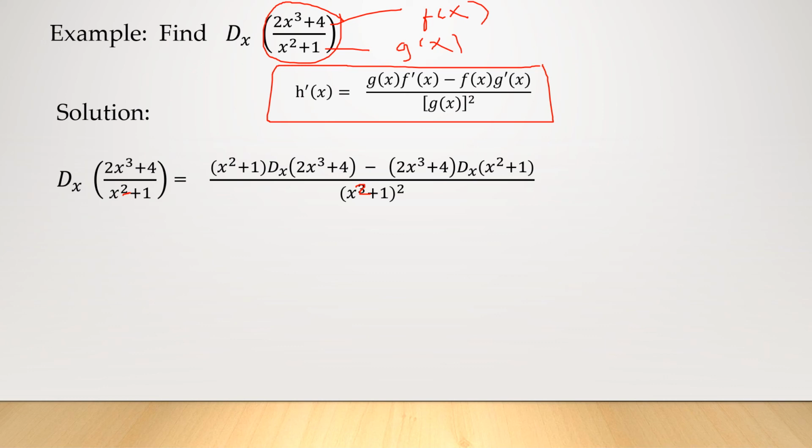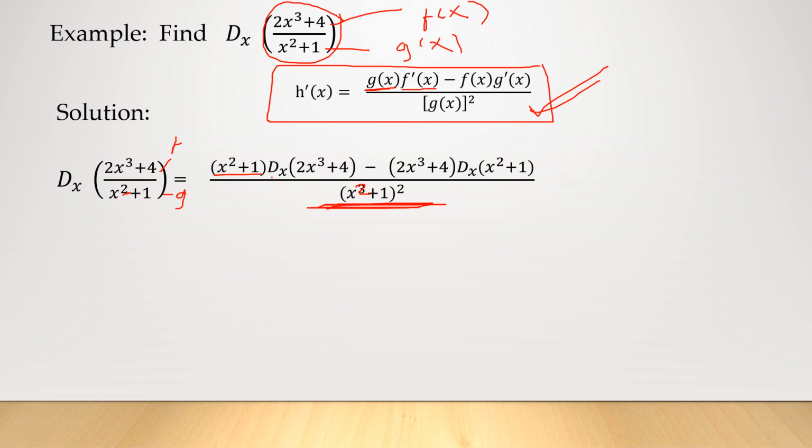Okay, so yung sa baba, according dito sa rule, we will square it. So, isi-squared natin yan. And then, yung sa taas naman, so again, we identified already na yung sa taas, yan ang ating f. Yung sa baba, ito ang ating g function. Kaya, we will just follow this rule. So, sabi dito, g of x, so ito ang ating g of x, times the derivative of f.